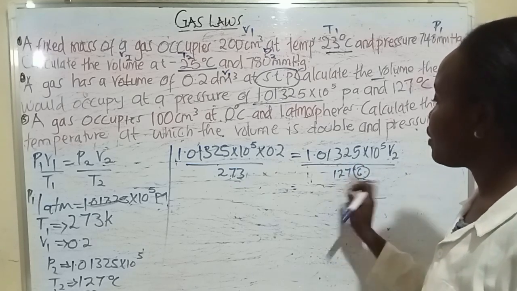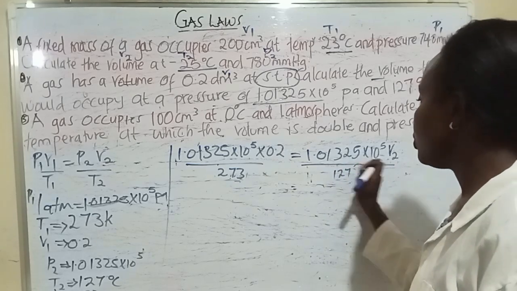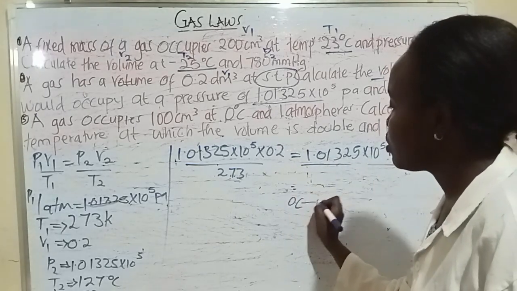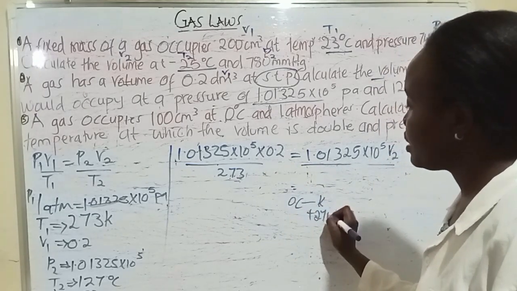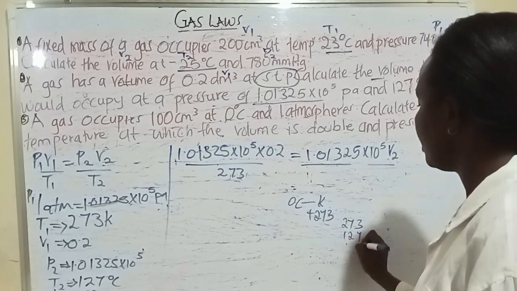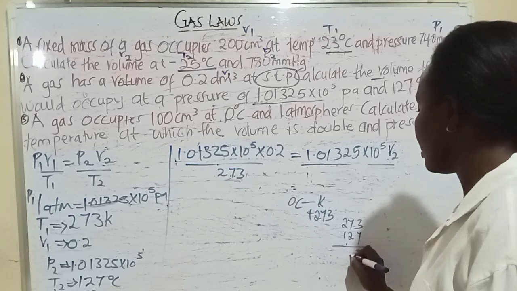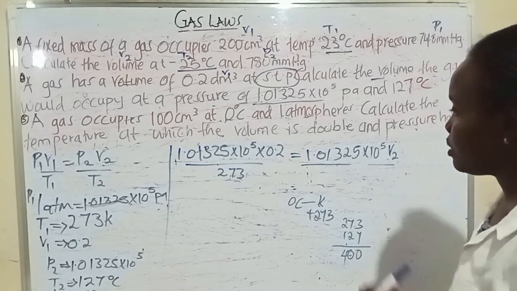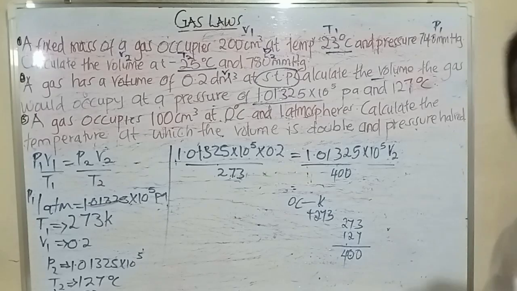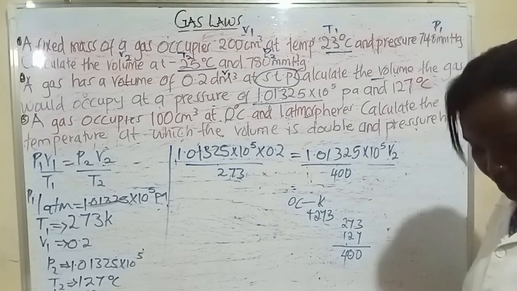So we have to convert degrees Celsius to Kelvin. And we said for you to convert degrees Celsius to Kelvin, you add 273. So you add 273 and 127, and you're going to get 400. So over 400.